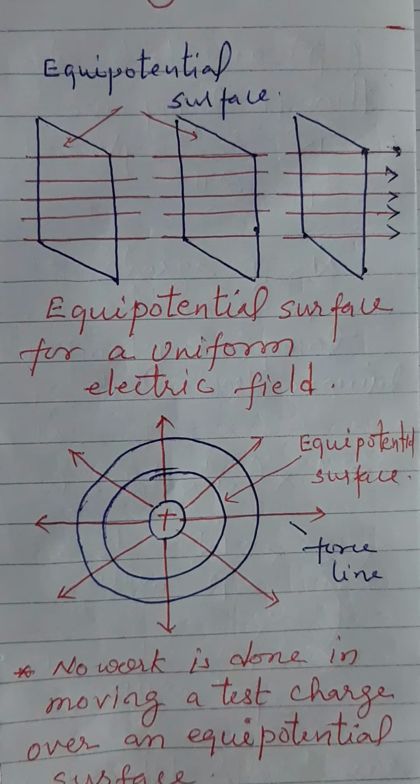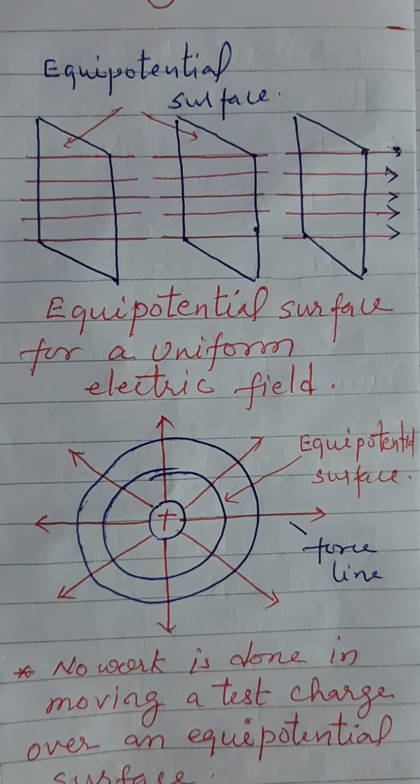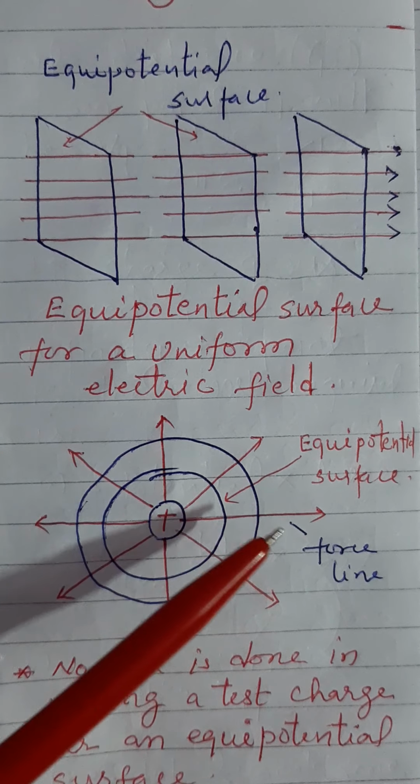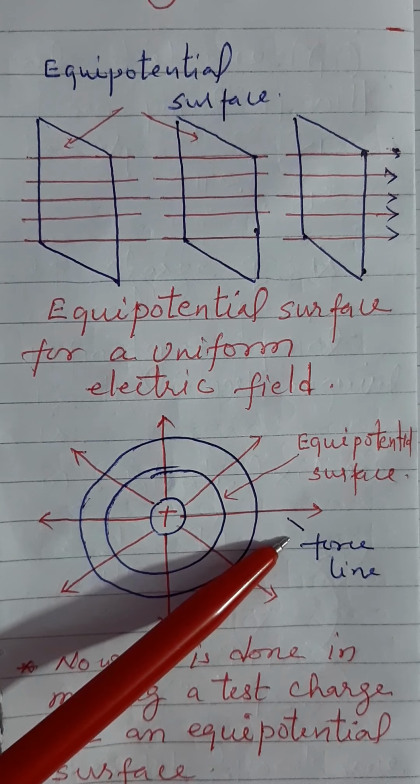Next is the equipotential surface for a uniform electric field. They are the lines of force and they are equipotential surfaces. Our next equipotential surface is made by a single positive charge. Here are the equipotential surfaces and the force lines.